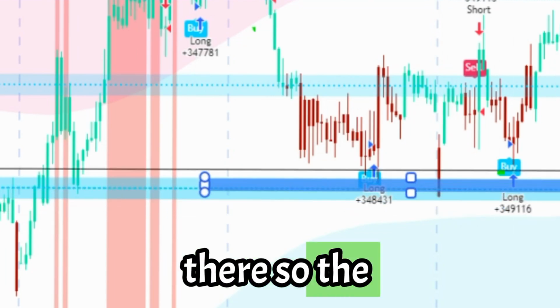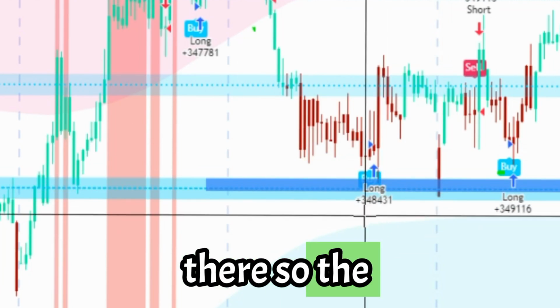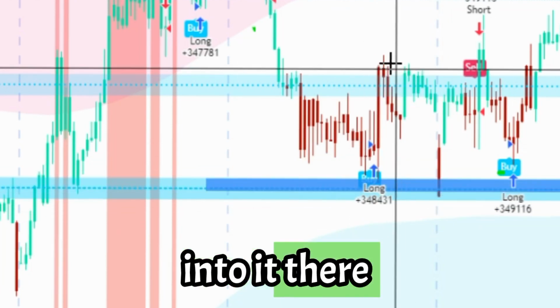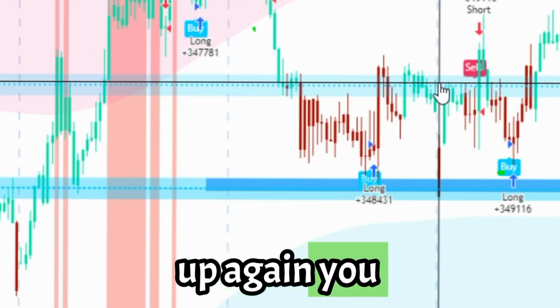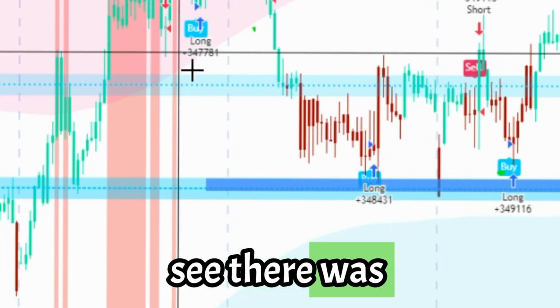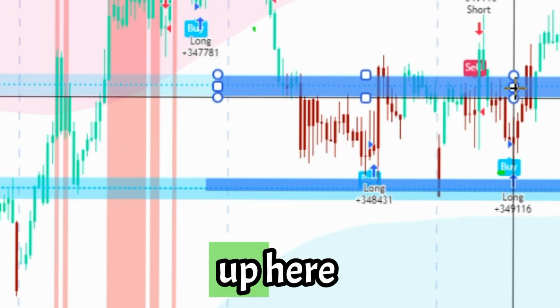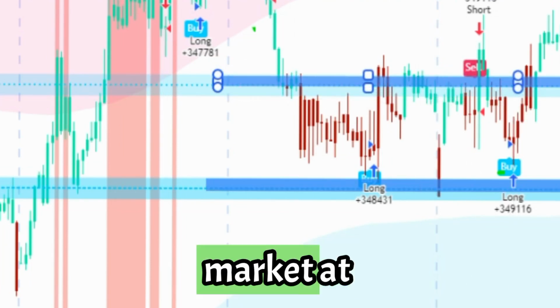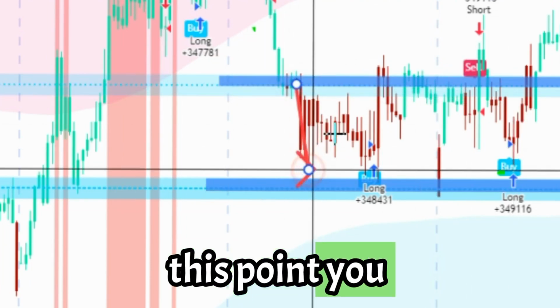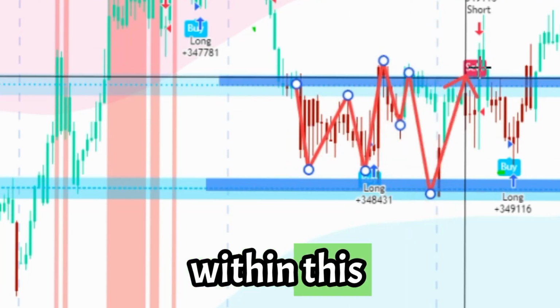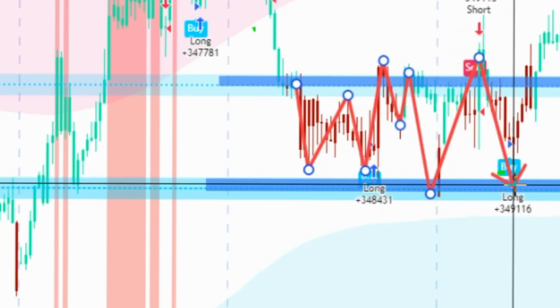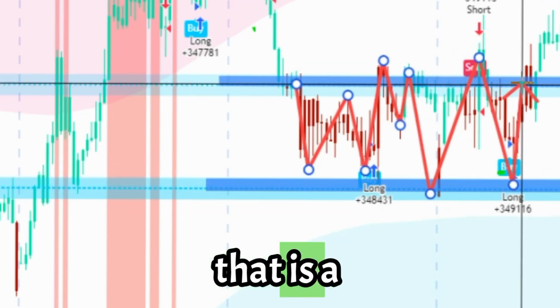So the market came into it. There was a long signal, went up, came back again, went up again. You see, there was another zone up here holding the market around this point. You notice this movement within this range. This movement, that is a ranging market.